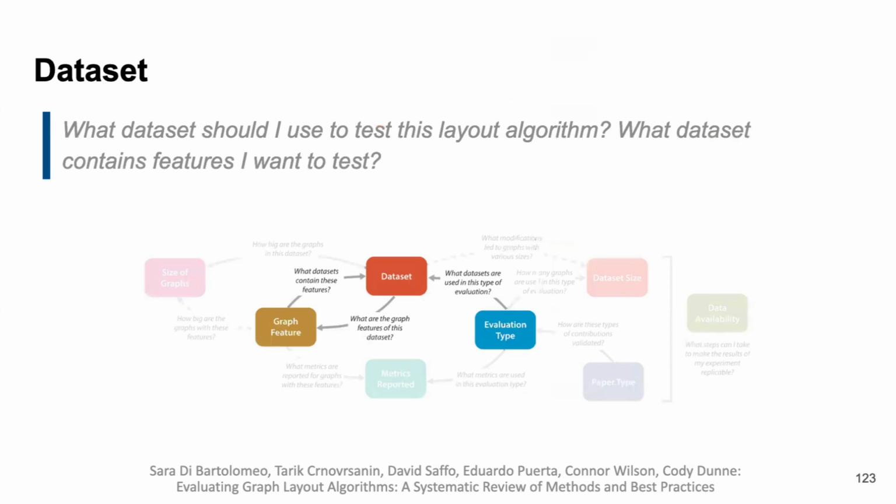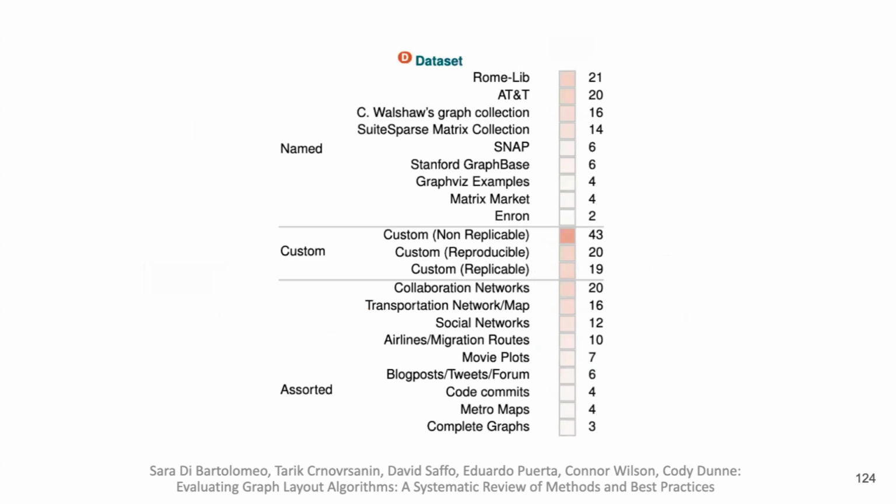Regarding datasets used, there's a collection of datasets that are super common, in part because they are also linked on the GD website, on the conference websites under datasets. In part because they are super useful to do things like growing node number, how does the performance scale?